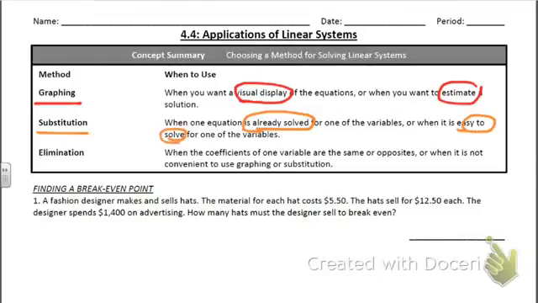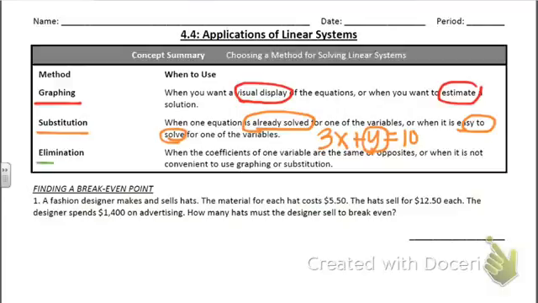So I also circled easy to solve. If I have 3x plus y equals 10, it's really easy to get y by itself. So substitution might be a better method if you can easily isolate either the x or the y in one of the equations.